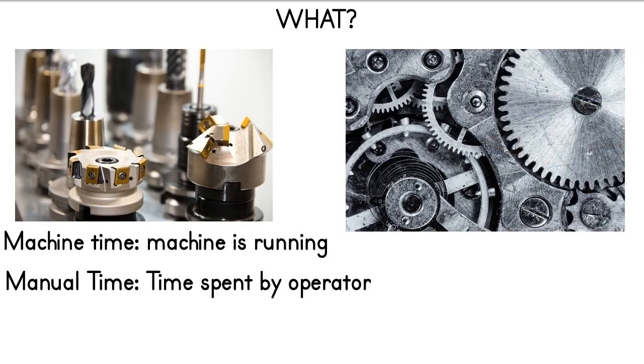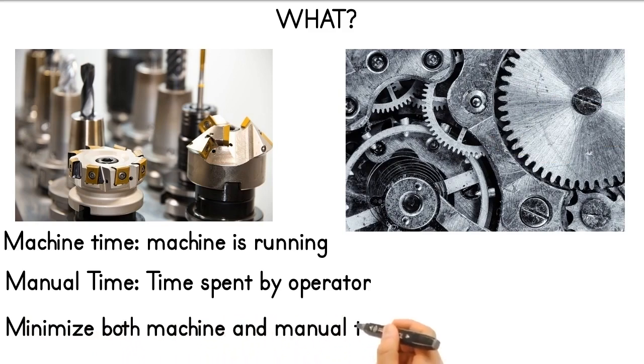The goal of man-machine cycle time reduction is to minimize both machine and manual times without sacrificing product quality. This reduction can be achieved through various methods such as improving machine speed, reducing operator waiting time, optimizing workflows, and automating certain tasks.